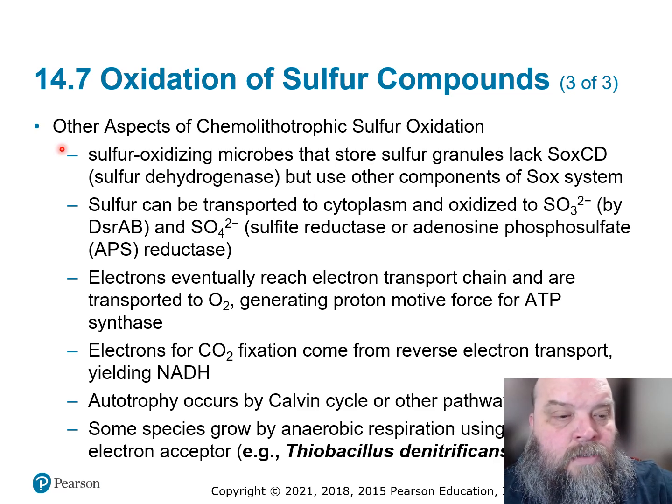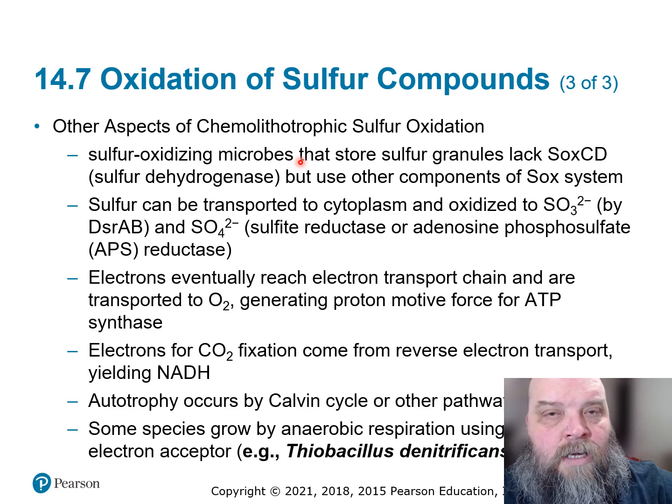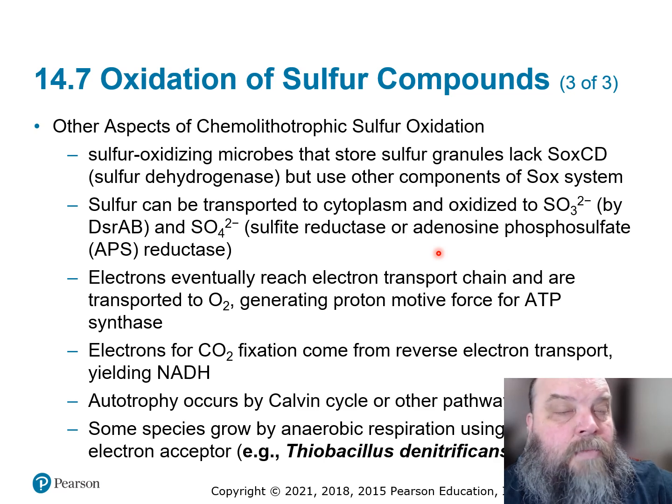Sulfur oxidizing microbes that store sulfur granules are storing sulfur instead of taking it all the way to sulfate and getting rid of it, which means they are missing the dehydrogenase, the SOXCD. So they have some of the SOX operon, but not all of it.